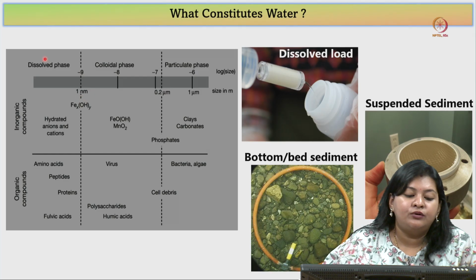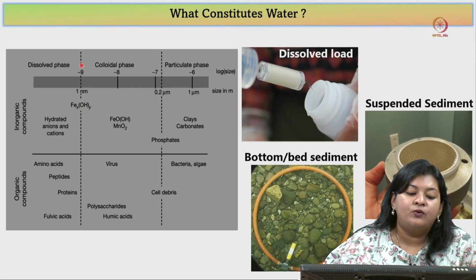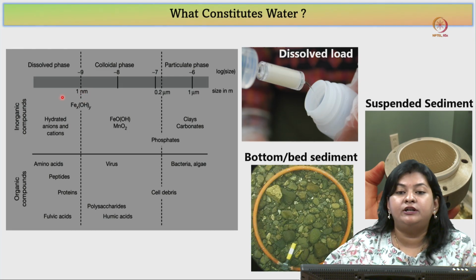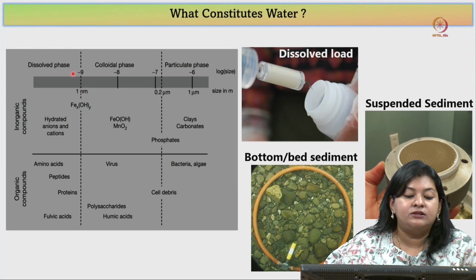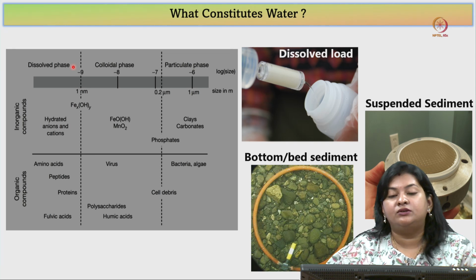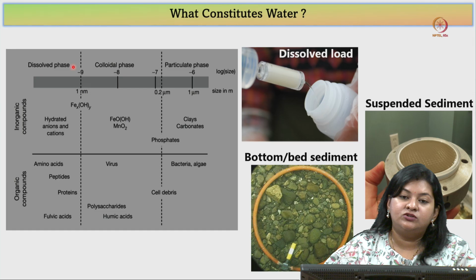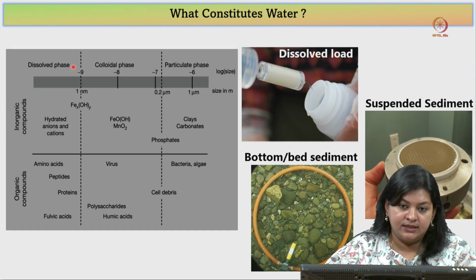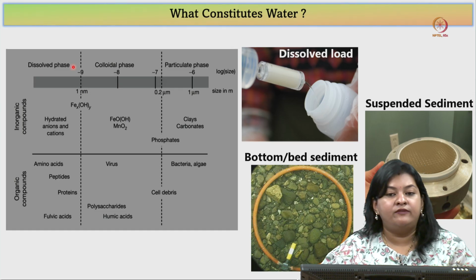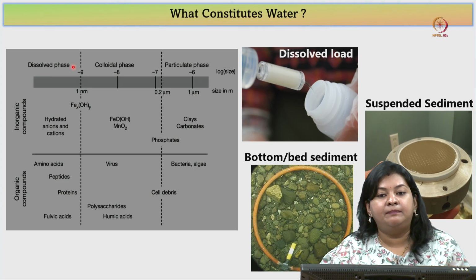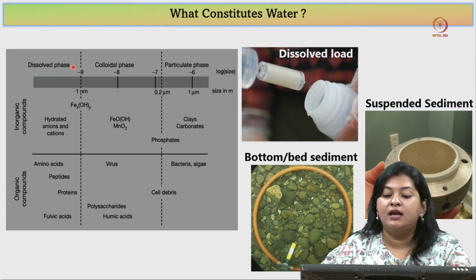Again, how do we define the dissolved phase? Whatever passes through this 1 nanometer filter pore size is called the absolutely dissolved phase. It is a very tiny pore size, just imagine 1 nanometer in scale, and whatever passes through that filter paper, we call my dissolved load.